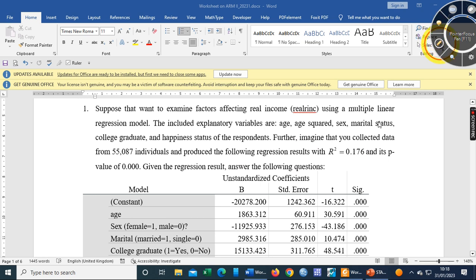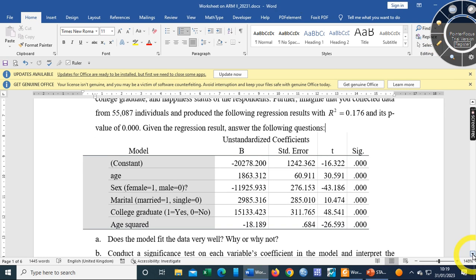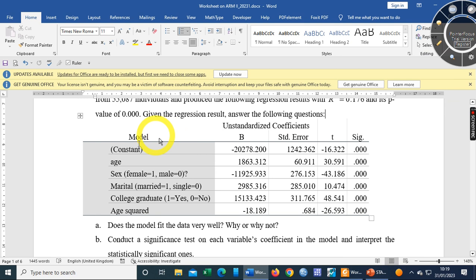And we have additional outputs. Here we have detailed regression results. The variables are given, and the first column is a constant term.